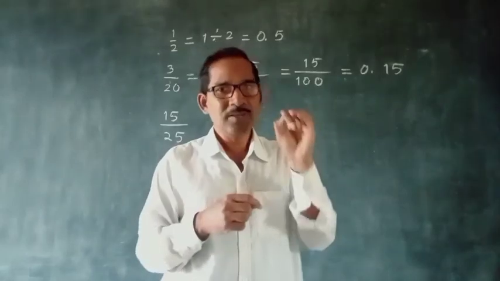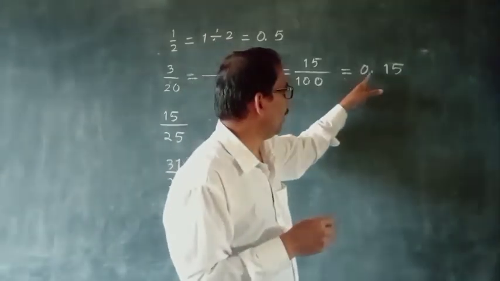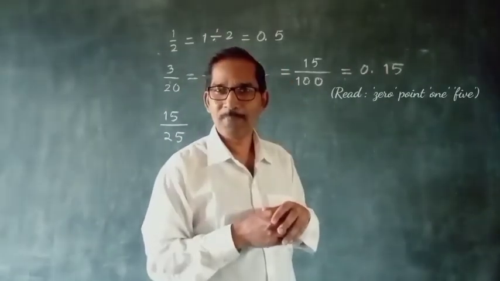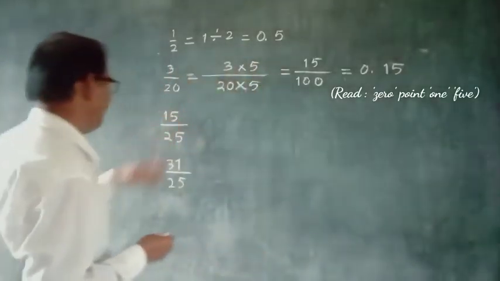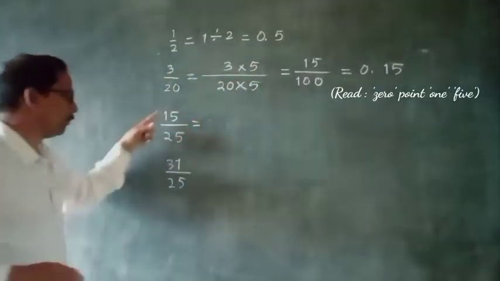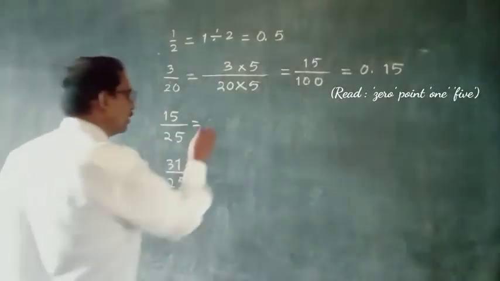So you have to read it as zero point one five. Clear? Now another number. Here it is 15 by 25.